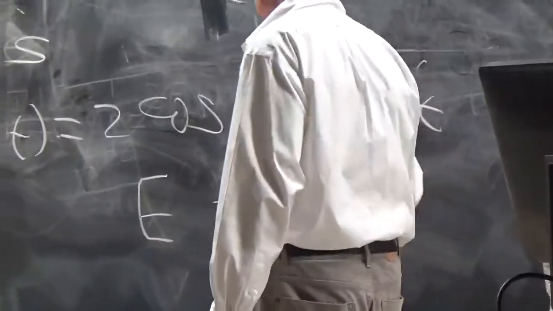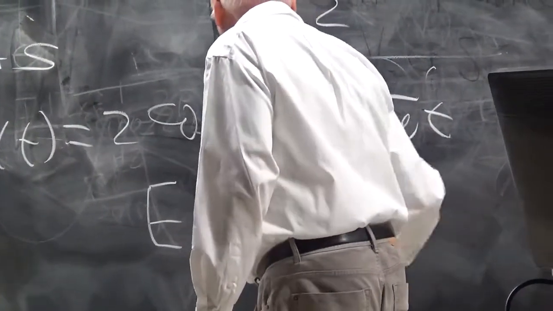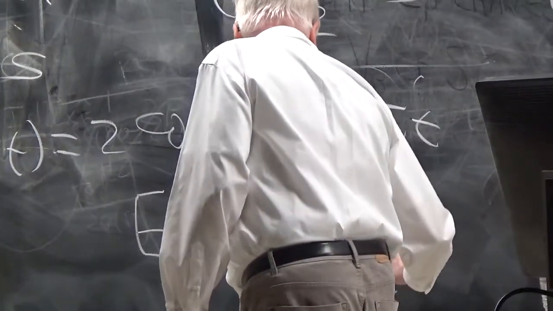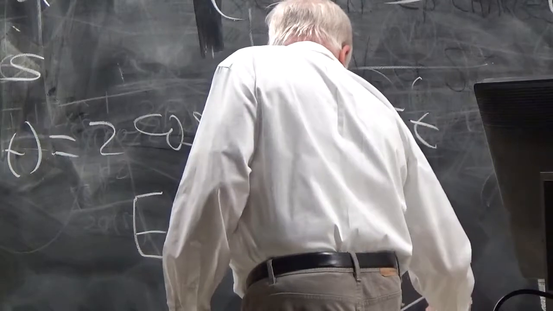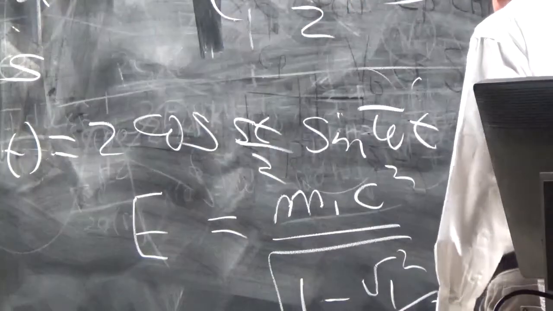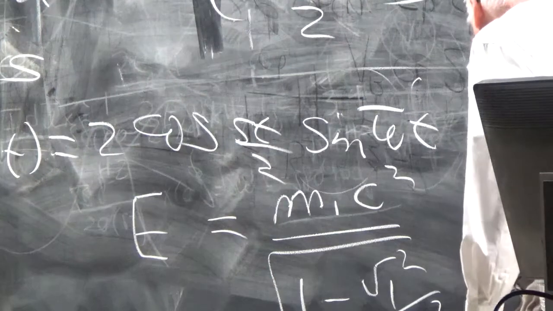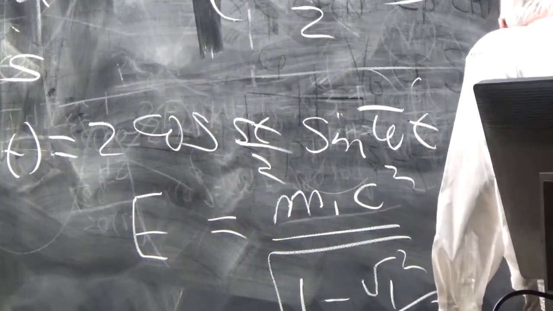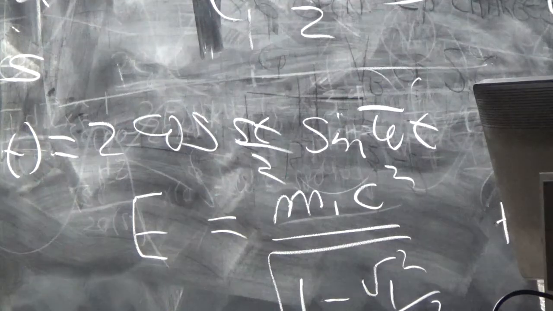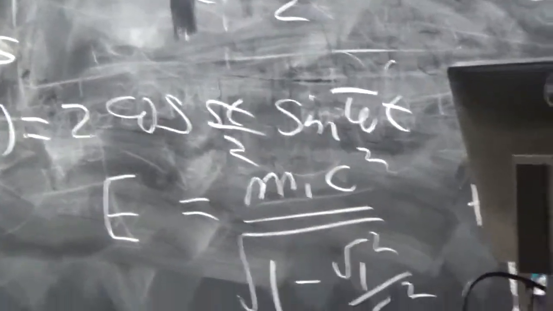For energies, you have M1 C squared over the square root of 1 minus V1 squared over C squared plus M2 C squared over the square root of 1 minus V2 squared over C squared plus M3 C squared over the square root of 1 minus V3 squared over C squared, C being the speed of light. So you'd sum up these quantities, and that would be the energy. So these are 4 quantities that are conserved.